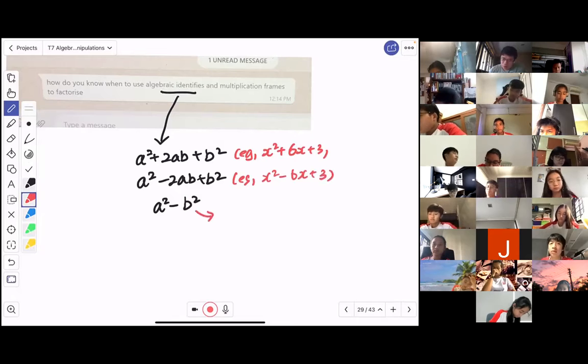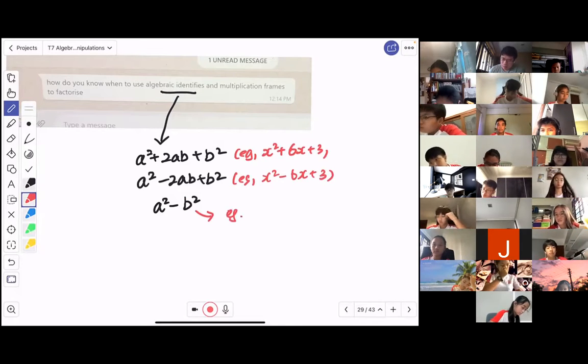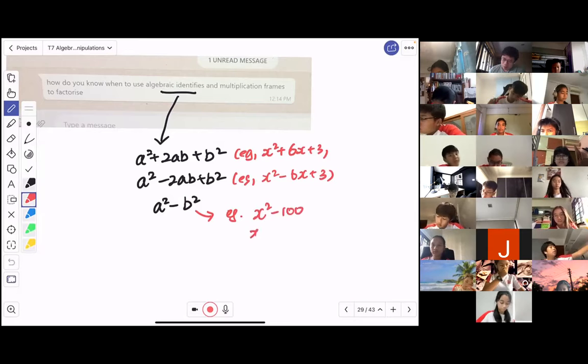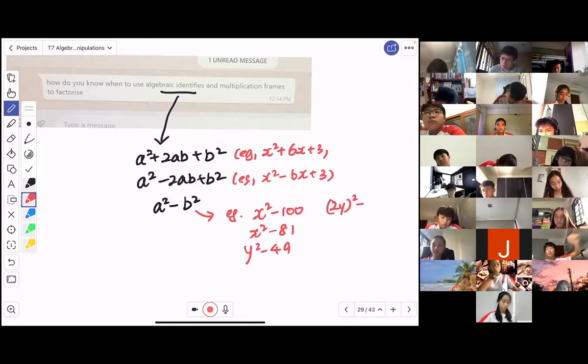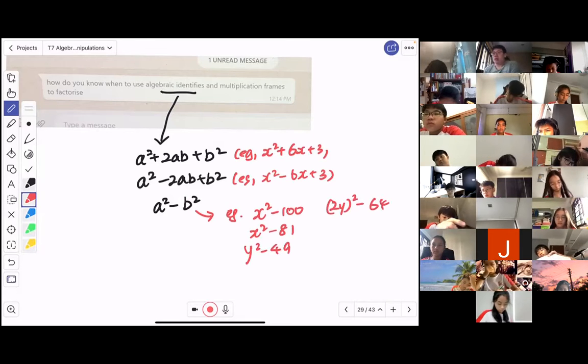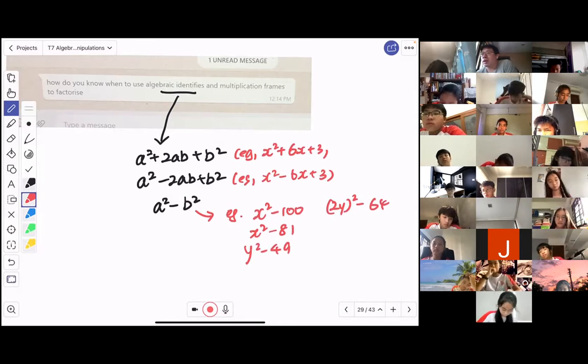Or you can see a difference of two squares, like the one we saw just now: x square minus 100, x square minus 81, y square minus 49, or even something like 2y bracket square minus 64. Is it okay?